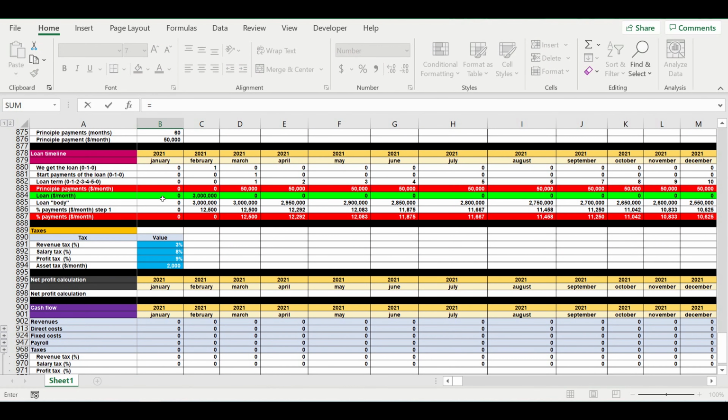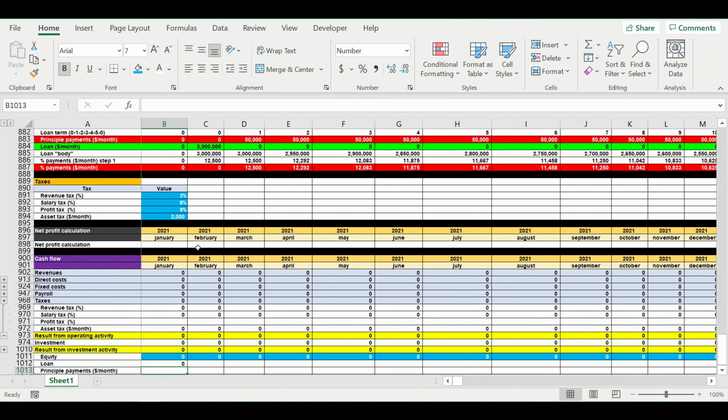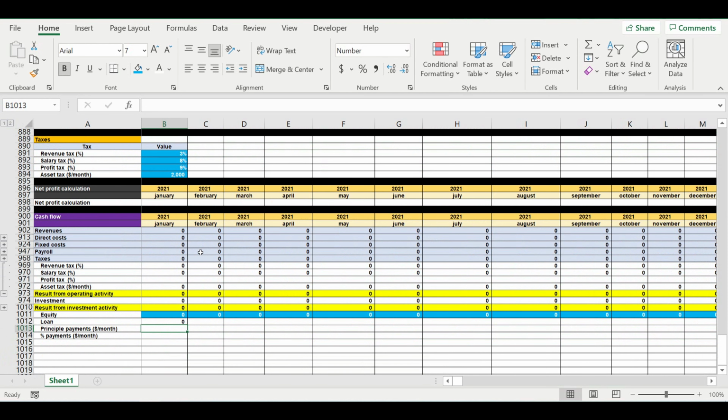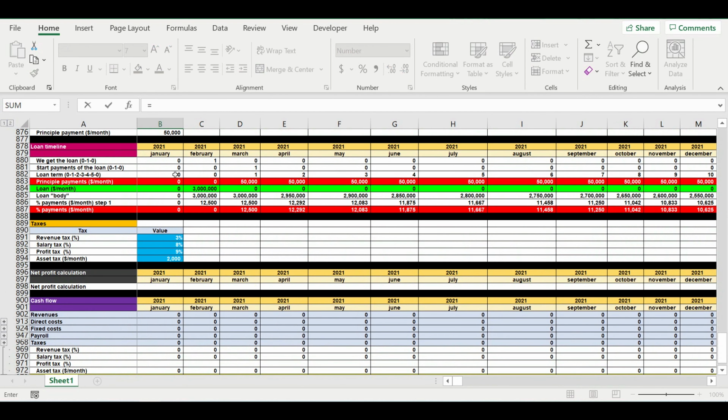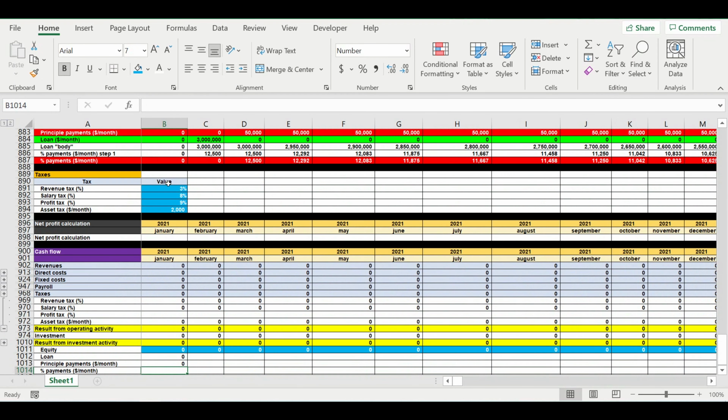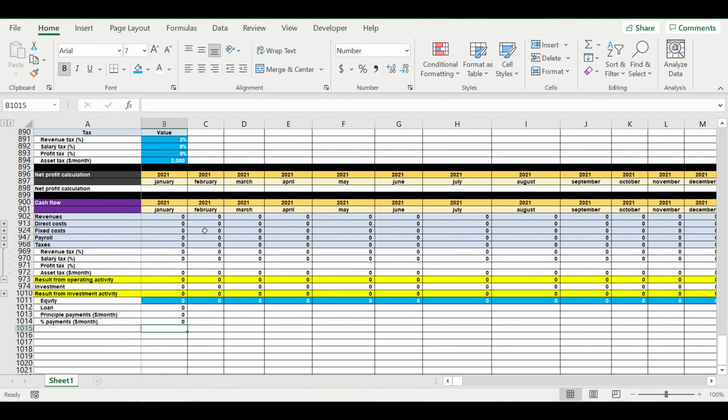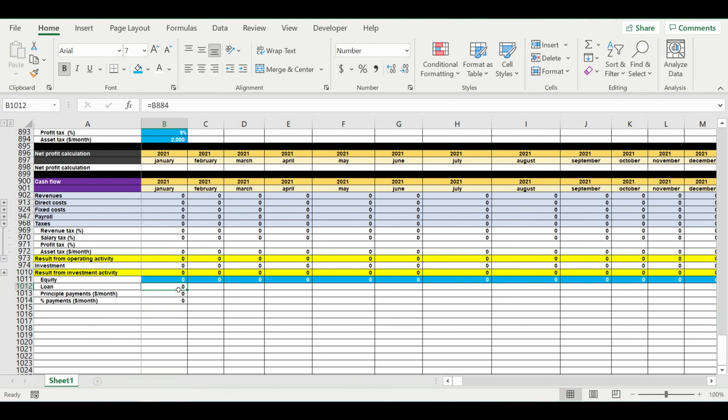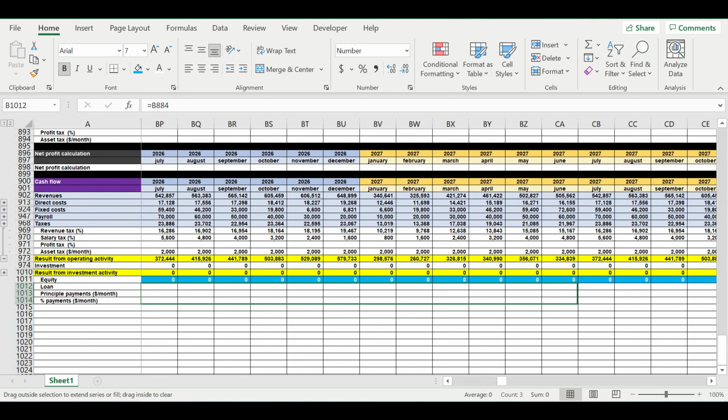Loan we take from here, then principal payments we take from here, interest we go here, then we extrapolate this formula to the right.